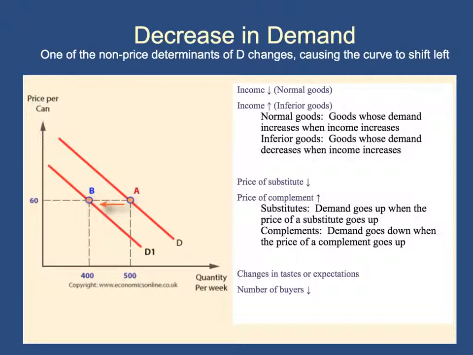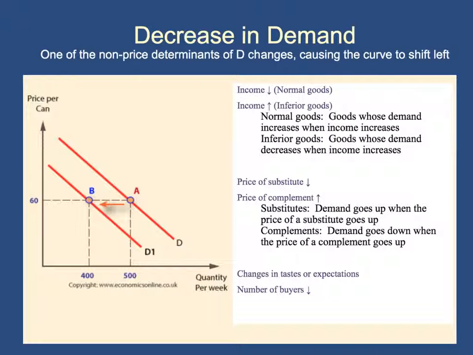Now, if there is a negative change in expectations about the future, for example, that you're going to become poorer, then right now you're going to demand less product at every price level just because you'll want to save some money for the future.